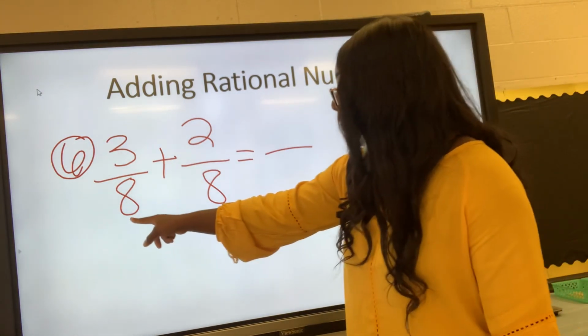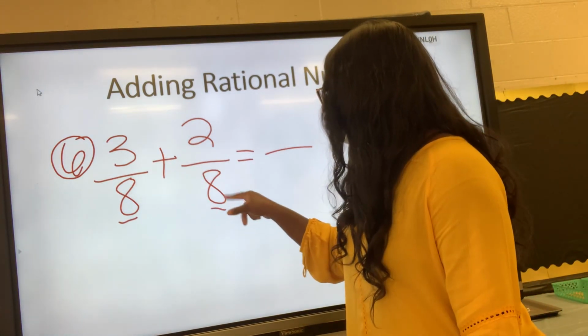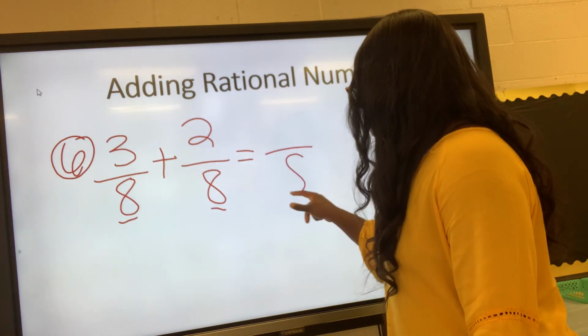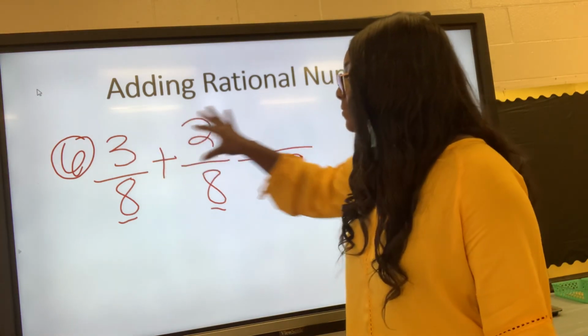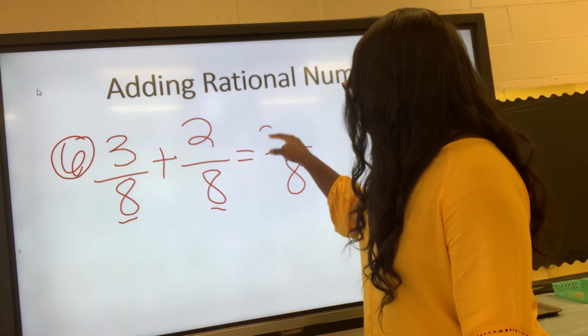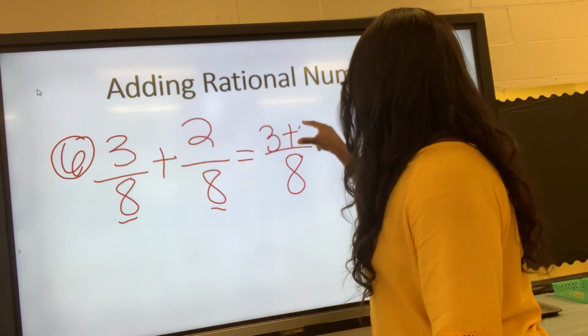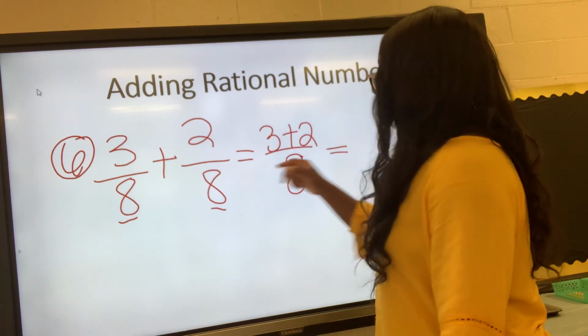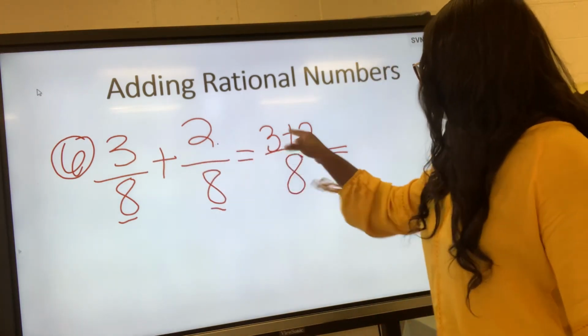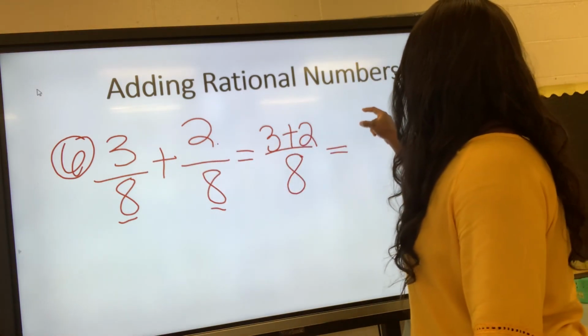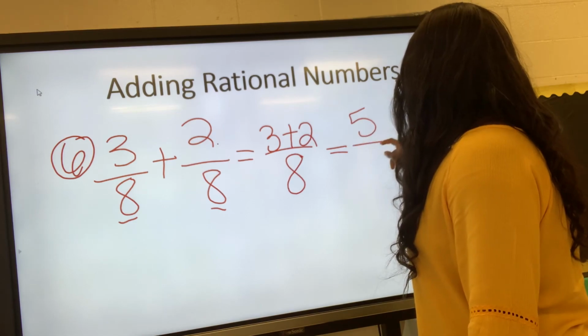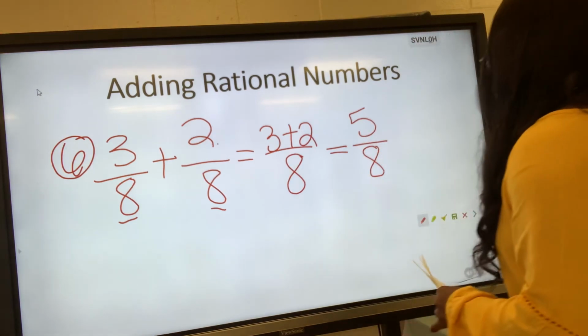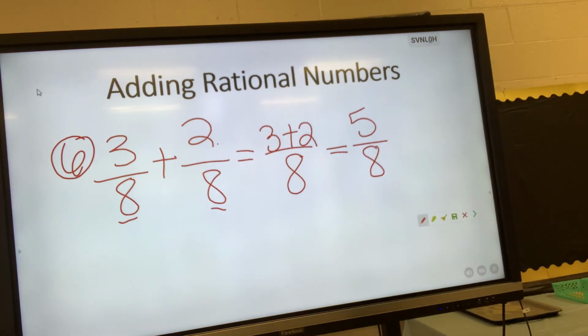So when they both have the same denominator, you just bring it over. Now you only have to deal with the top. So let's write it like this. We're going to add it and bring it over. We know that 3 plus 2 is going to give us 5. And you bring down your denominator. So your answer is going to be 5 over 8.